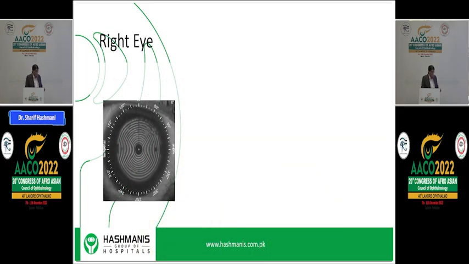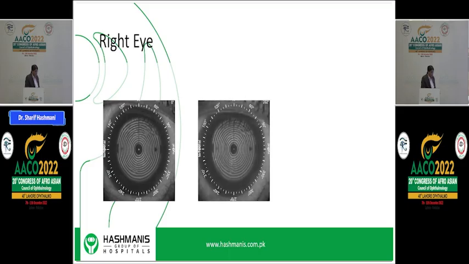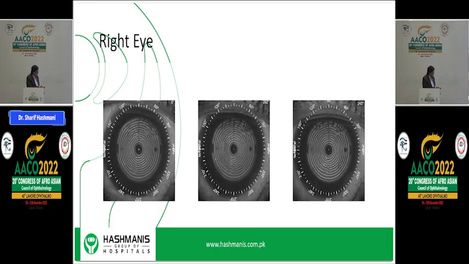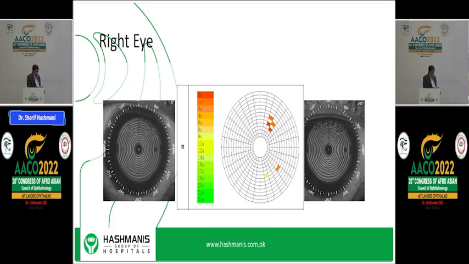So in the right eye, we took the Placido images, and you can see that the tear film is disturbed here. The second picture again shows it at the same place. The third picture again at the same place, in the right eye. So we did the dry eye analyzer, and you can see the break-up time is almost at the same place where the tear film is disturbed.